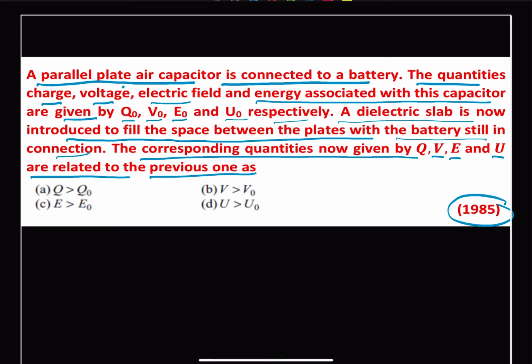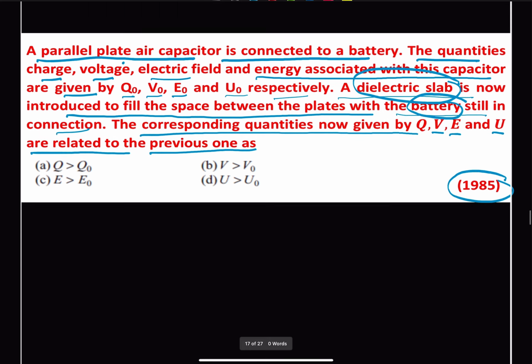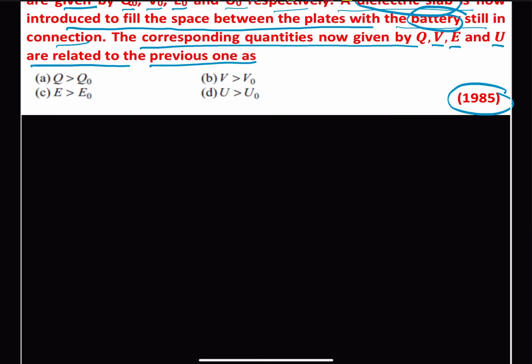So here the important part is that the capacitor is still connected to the battery when a dielectric slab is introduced in the capacitor plates. So you can just draw the approximate figure. We have two conditions. One is our initial.